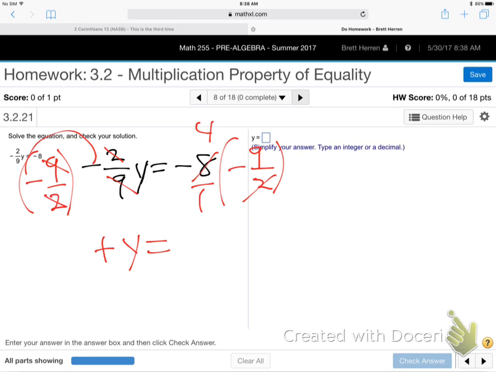And then after you cancel, the leftovers multiply. 4 times 9, 36. Positive, because two negatives make a positive. There we go. Is that good? Feel like you're getting the hang of this?